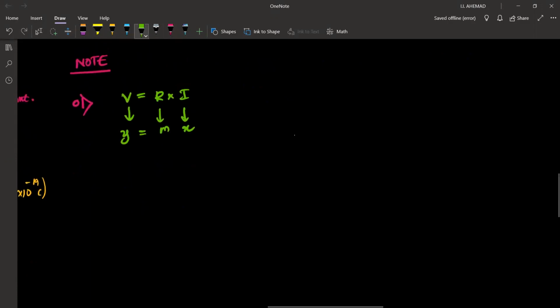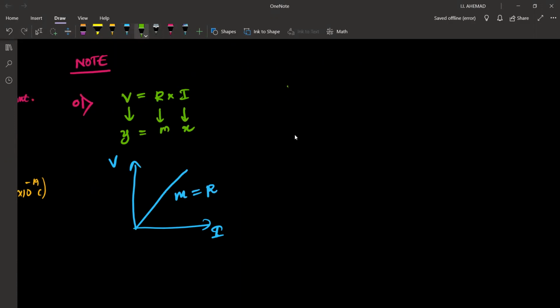So here, the graph is a graph that goes through the origin. This is I and this is V. Here the gradient m is equal to R.